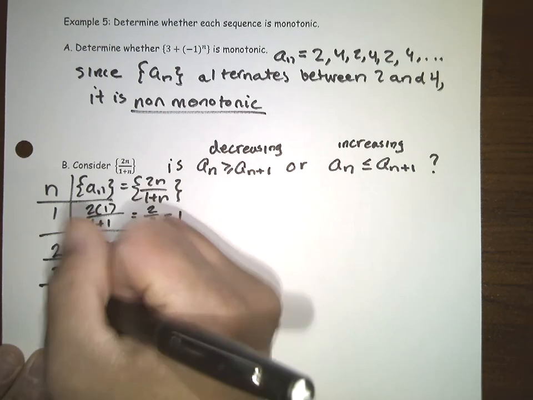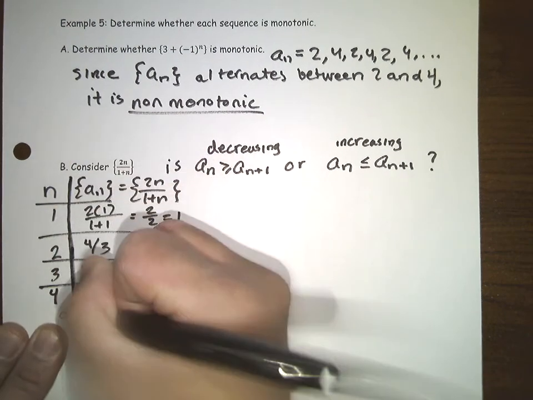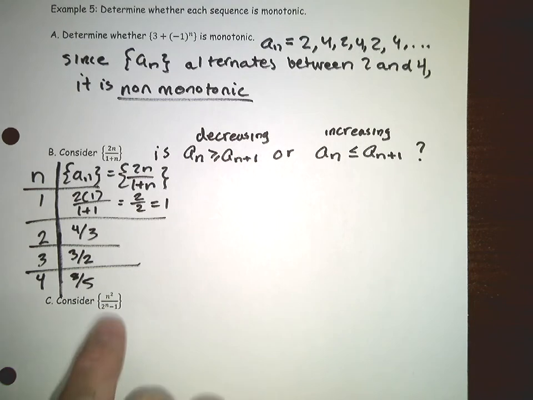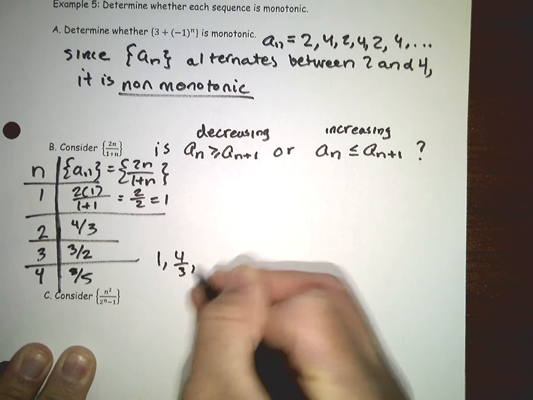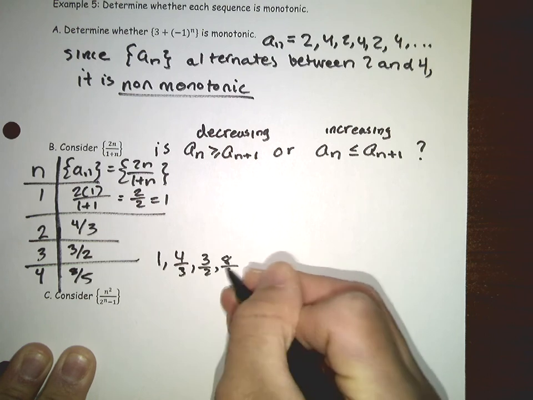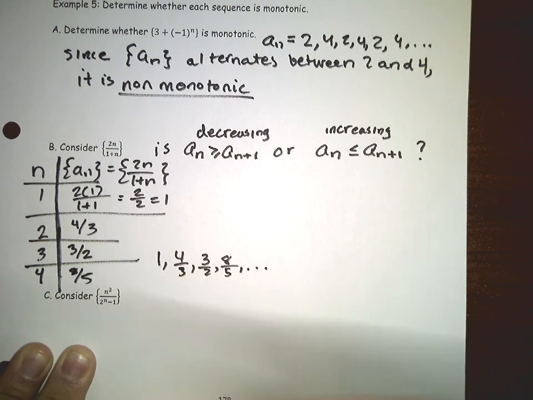The only thing you want to be careful of is if for some reason the sequence starts to turn around and go from increasing to decreasing, then it would not be monotonic. So at this point, I can hypothesize that this seems to be increasing, because it goes 1, 4 over 3, 3 over 2, 8 over 5, and it seems to be going up. But is it for sure?